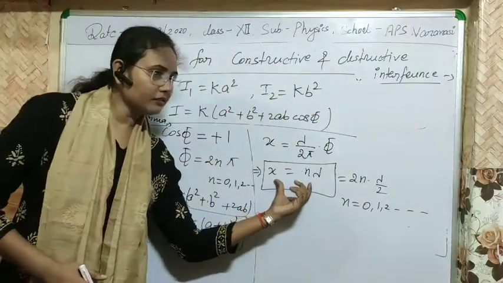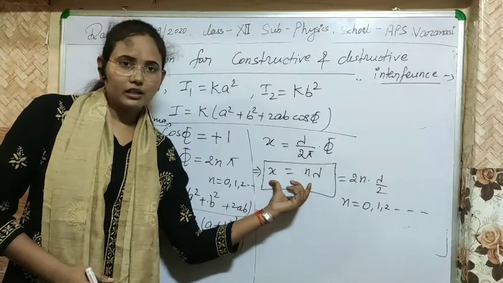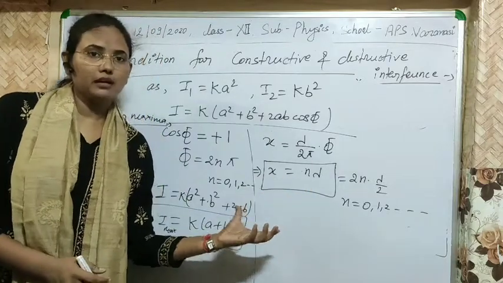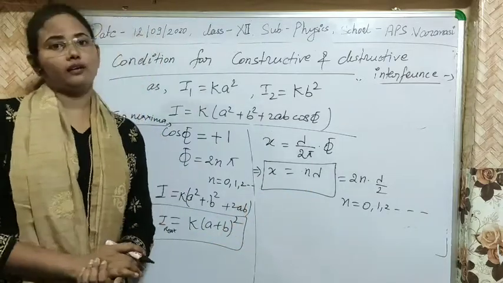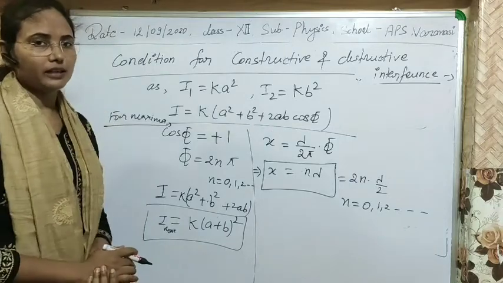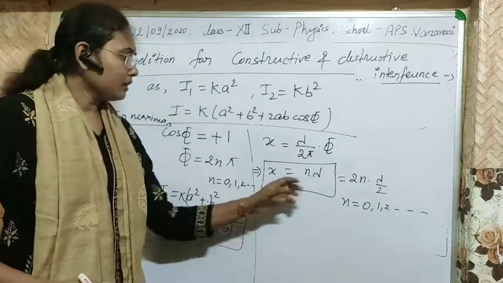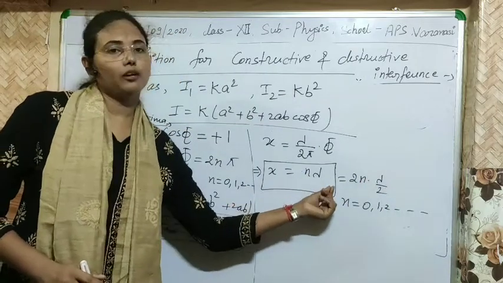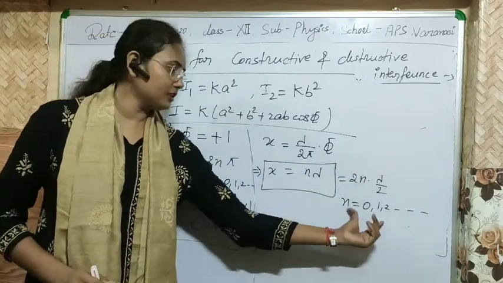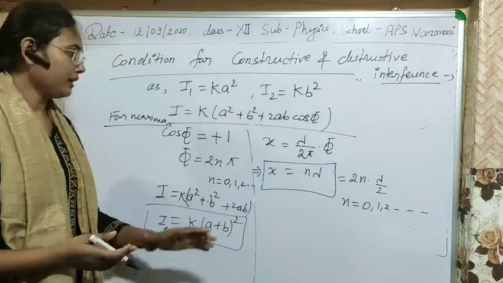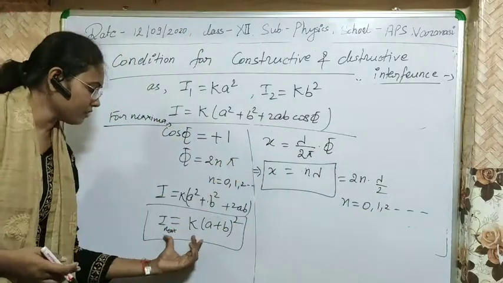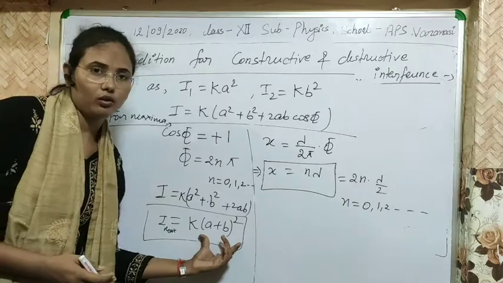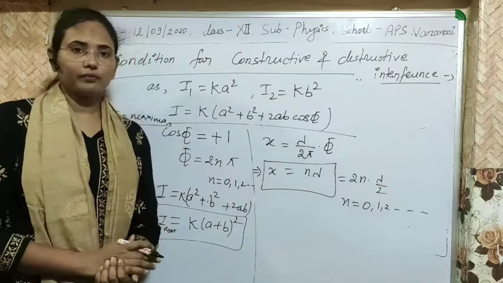This is the condition for getting constructive interference or maxima in case of interference of light in Young's double slit experiment, which is even multiple of lambda by 2 or simply integral multiple of lambda, where the value of n is 0, 1, 2 and so on, and the maximum intensity in this case will be obtained as k, a plus b whole square. Clear?